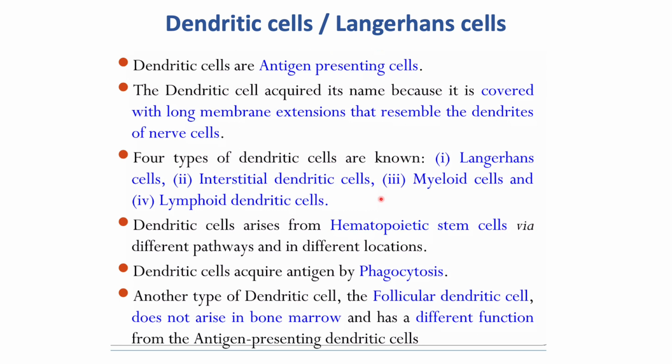The dendritic cells also arise from the hematopoietic stem cells via different pathways and in different locations. They acquire the antigen by phagocytosis. Another type, the follicular dendritic cell, does not arise in the bone marrow and has a different function from the antigen presenting dendritic cells.